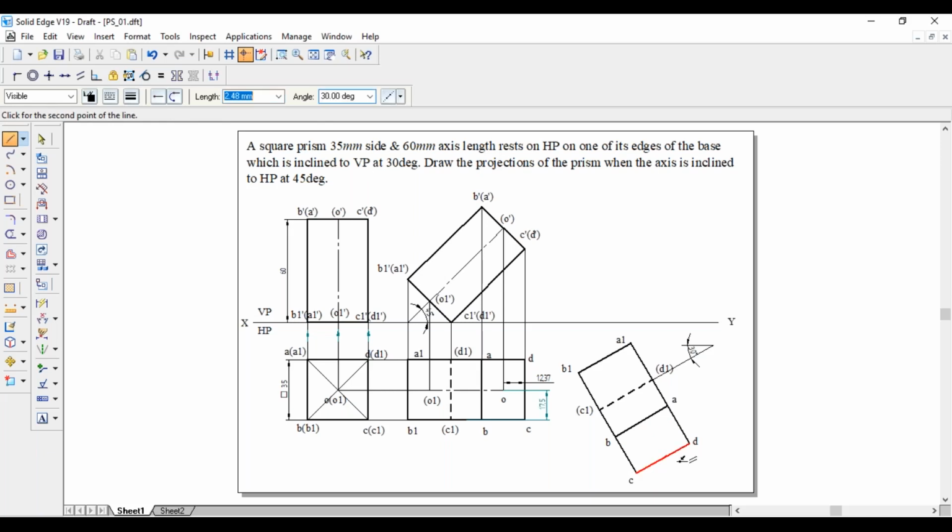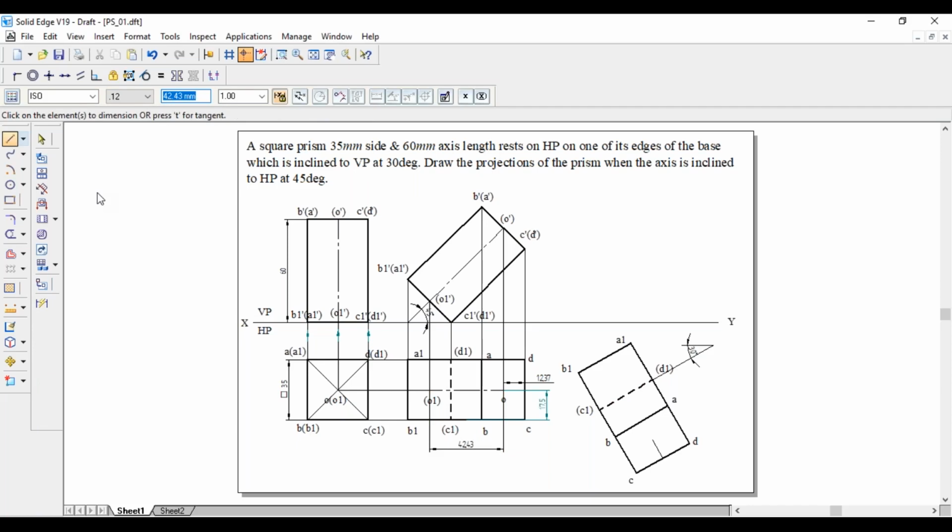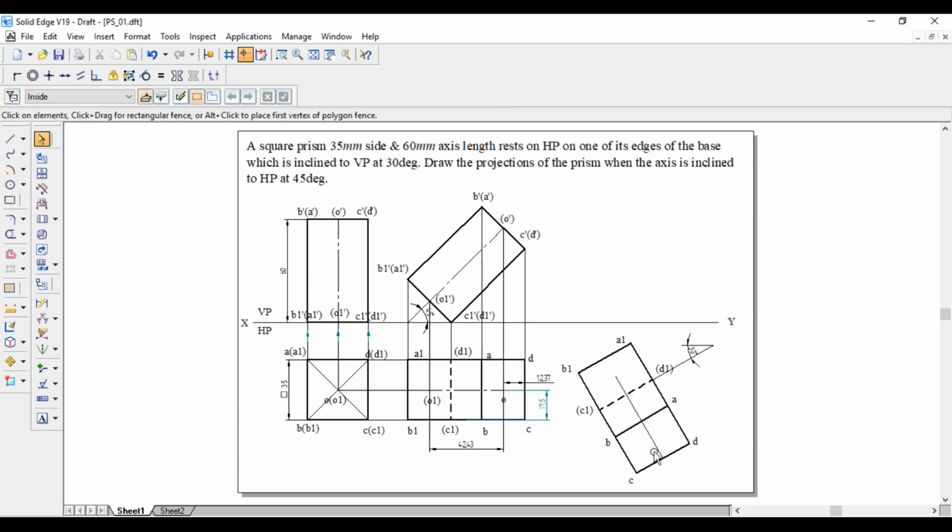So this side is 12.37. From here we have to draw for how much length? 42.43. From this point, a line of 42.43 mm. Remaining things I will delete.